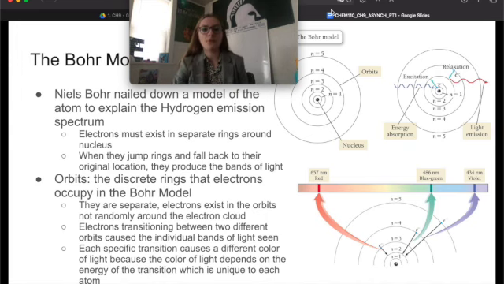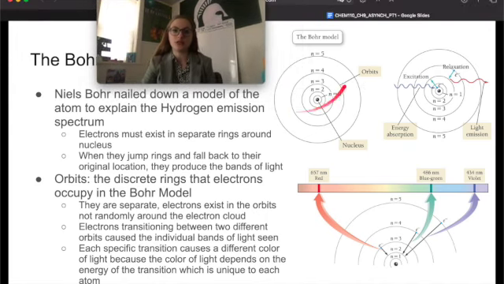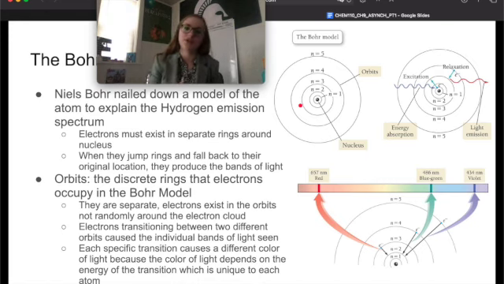So the Bohr model of the atom, it kind of looks familiar. I did use a bit of the Bohr model of the atom last chapter to talk about core versus valence electrons. So it was Niels Bohr who nailed down a model of the atom to help explain that hydrogen emission spectrum. So what he decided is that electrons must exist in exact rings around the nucleus.